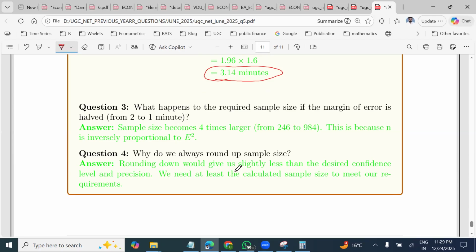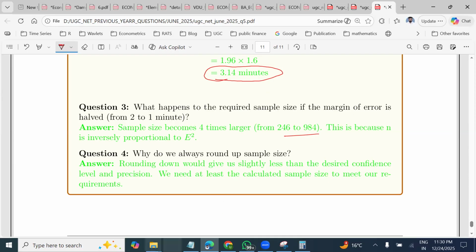Sample size becomes 4 times larger. Simple, because n is inversely proportional to the square. Why do we always round up sample size? Rounding down would give us slightly less than the desired confidence level and precision, but we need at least the calculated sample size to meet our requirement.